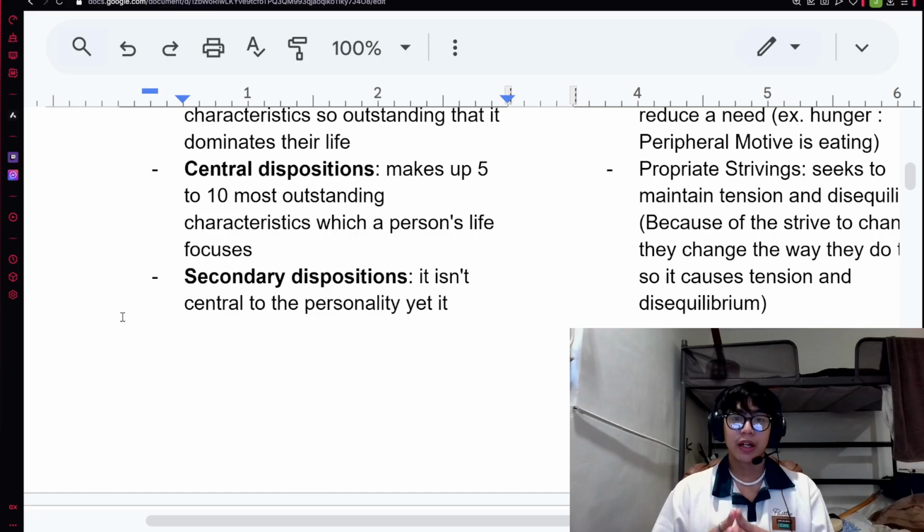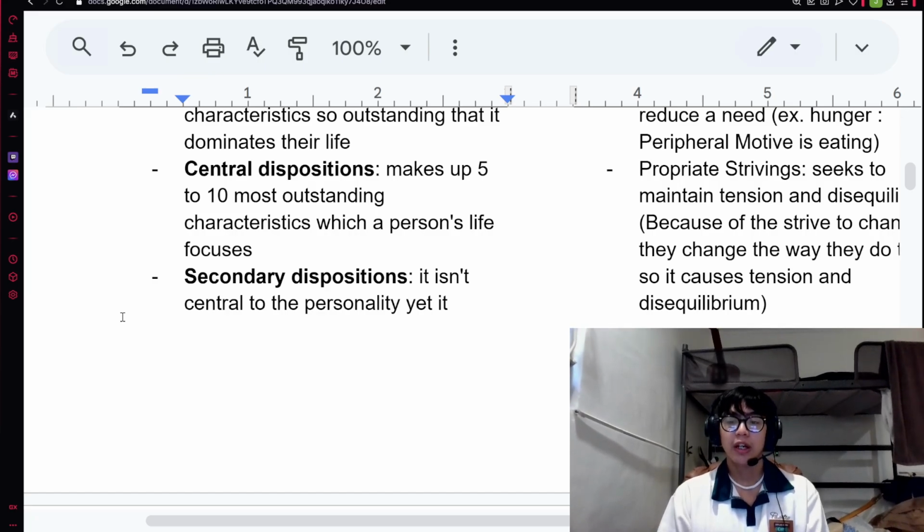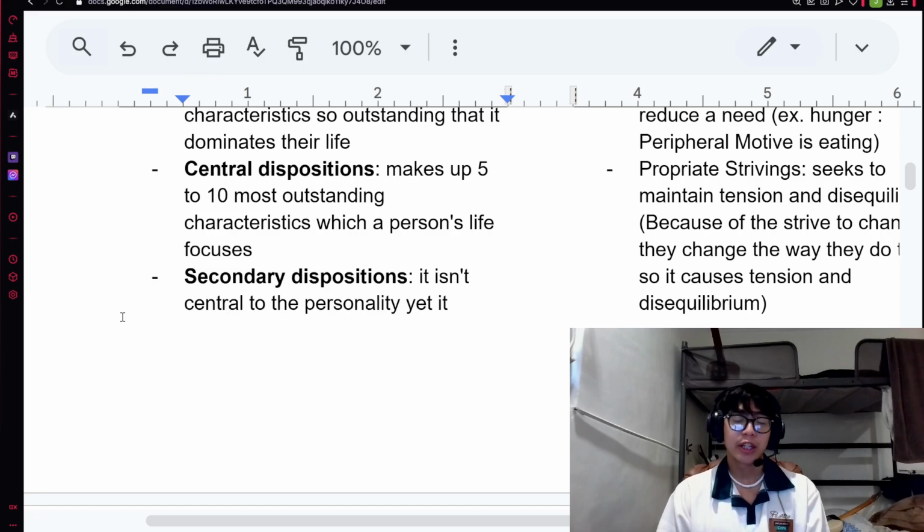Now, secondary dispositions. This may vary from what I understand, but my good friend Dan told me that his definition of secondary dispositions is basically what makes up central dispositions. So, for example, the examples I have just given you are that I'm a writer, I'm an actor, and I'm a gamer.